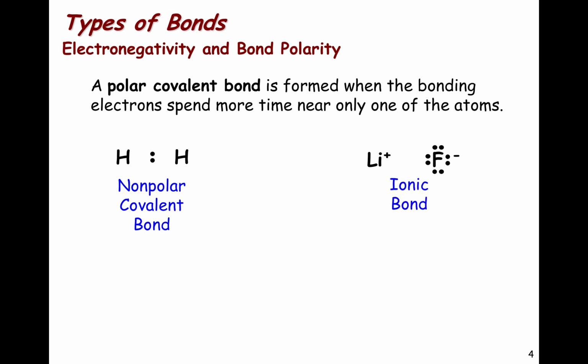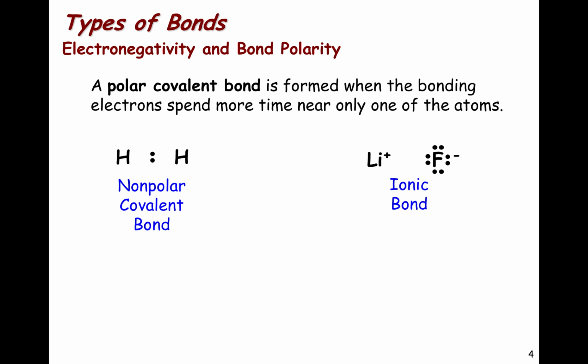On the other end of the scale are the so-called ionic bonds, in which the electrons reside almost completely on one of the atoms, forming an anion, in this case the fluoride anion, and the other atom, in this case the lithium cation, is basically stripped of its valence electrons, so that there is little or no sharing of electron pairs at all.